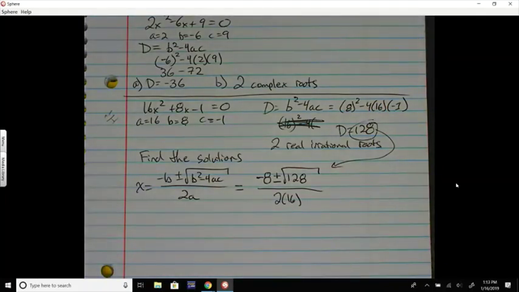Now we are going to need to get exact answers for this. Sometimes they will want you to round it. Sometimes they will want the exact solutions, which means you will not just type in the square root of 128. We have to break that down. We have to simplify that.